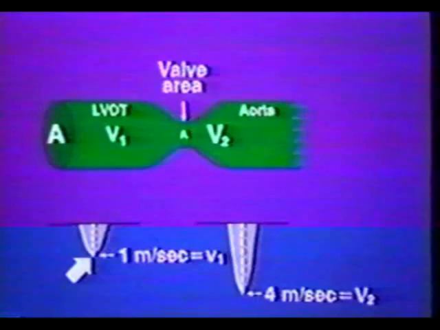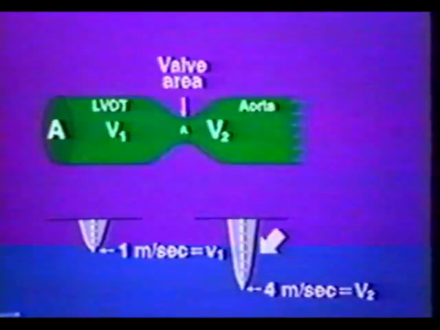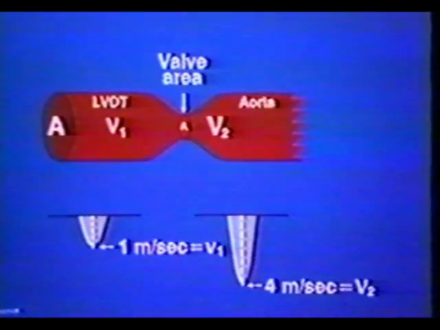The velocity and the time velocity integral in the left ventricular outflow tract are smaller than the velocity and TVI beyond the stenosis. The stroke volume will cross both the left ventricular outflow tract and the stenotic aortic valve during the ejection period.